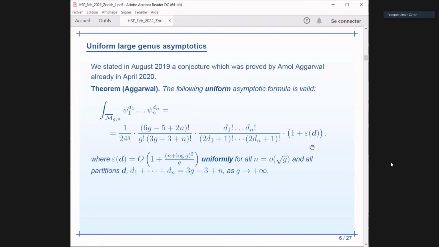It could be a subject of a separate discussion for several hours, but there are plenty of things where this can be improved, and very considerably. I think that in the forthcoming 10 years it would be improved considerably, no matter whether we would work on it or other people would work. So it's just the beginning of a beautiful story. Okay, so this is the large genus asymptotics.